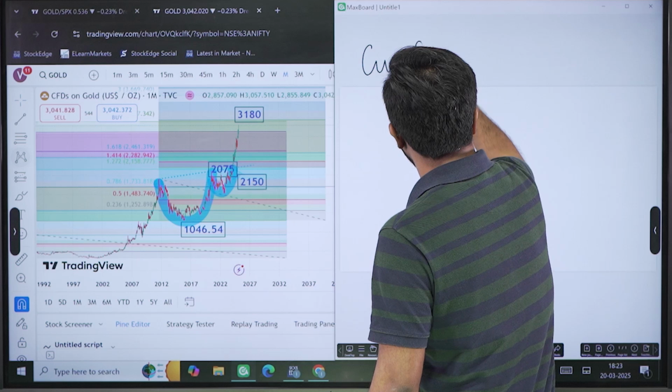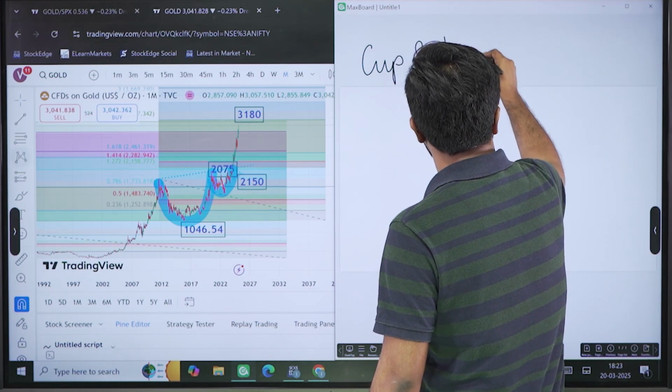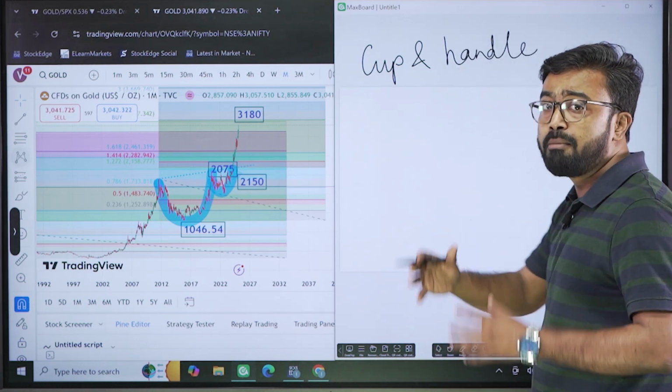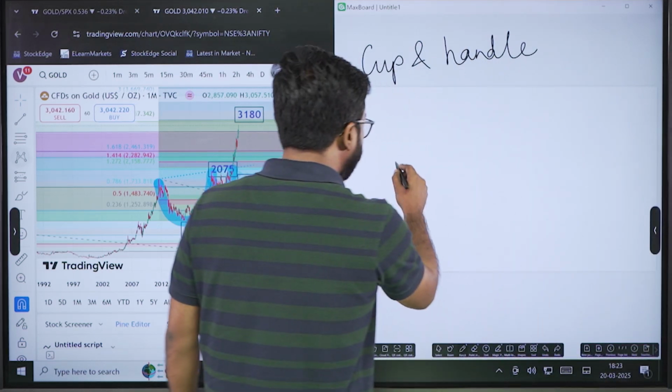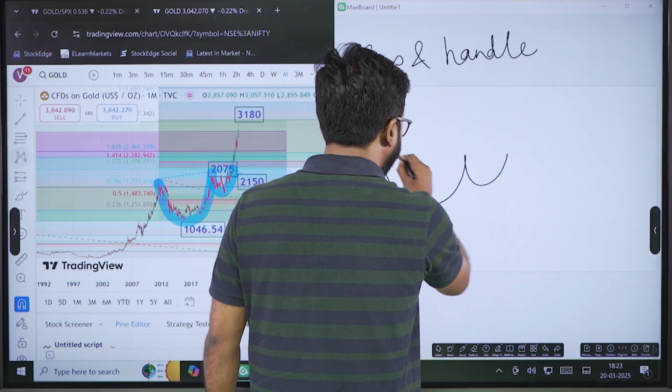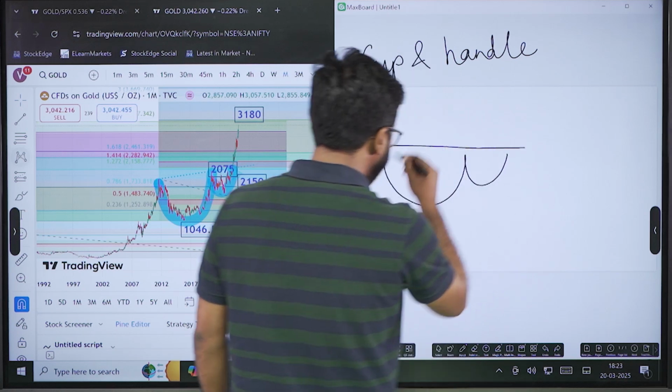Cup and handle, fine. So this is the name of a pattern. So how it looks like? It looks like this. Fine.